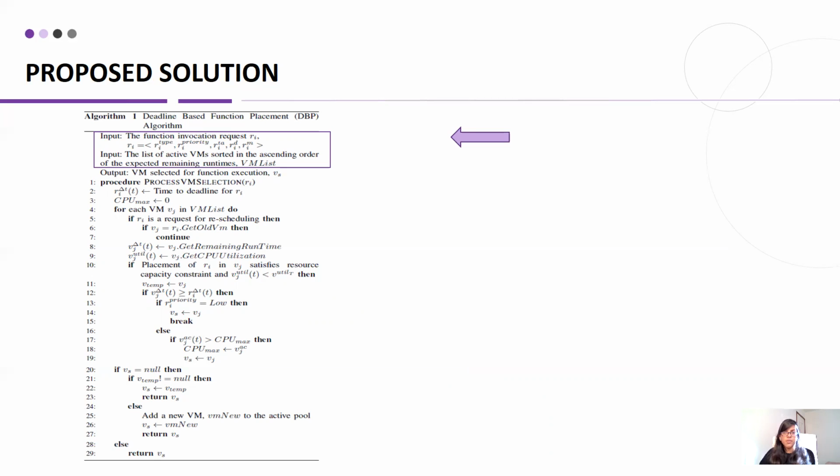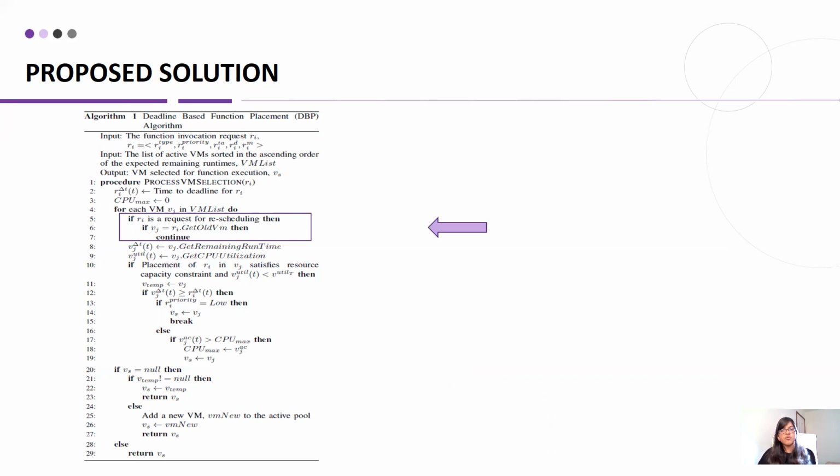An incoming request has certain parameters as we discussed before. Also, the dynamic resource manager module maintains a list of active VMs and their remaining expected runtimes. Now, in order to choose a node, we iterate over the active VM list.